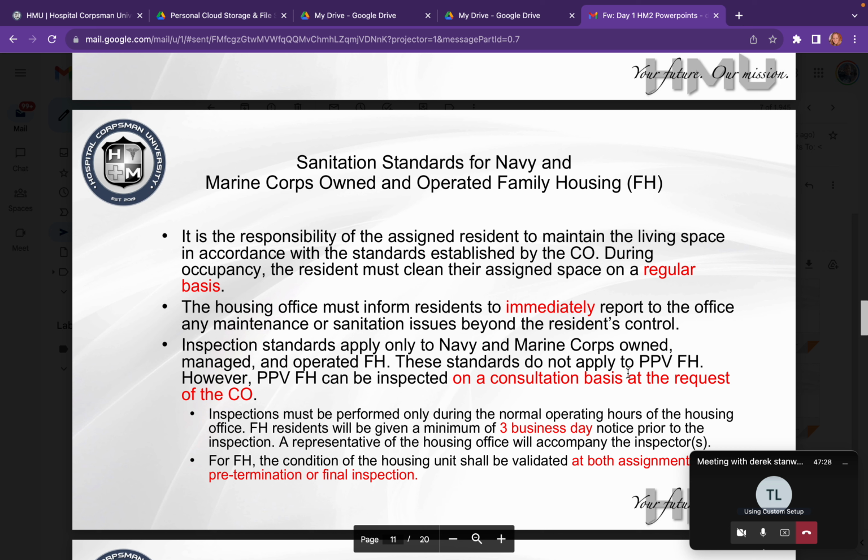When it comes to the PPV housing, it can only be inspected on a consultation basis request from the commanding officer. So we can't just go in there and say, hey, we're going to inspect your house. The commanding officer actually has to be involved, because these are private companies that own housing delegated for servicemen. It's basically saying if you live on base, they have free reign to inspect you.